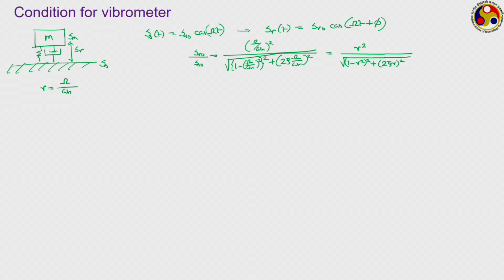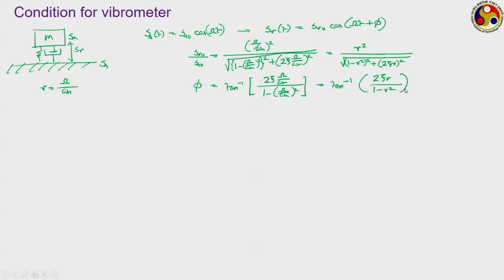So, this is SR upon SSO, the magnitude of this resultant vibration, and phi is the corresponding phase lag, which is given as tan inverse of (2 zeta omega upon omega n) divided by (1 minus (omega upon omega n) whole square), or if we use the symbol r for frequency ratio, tan inverse of 2 zeta r by 1 minus r square. So, we know the amplitude and phase lag for the resultant signal.